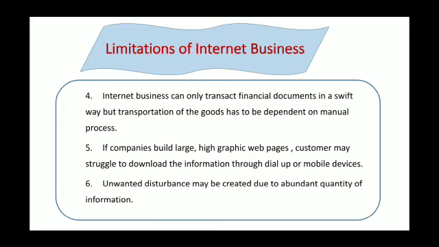If you have only 2G or 3G, 4G also sometimes, if it is a very high graphic web page, it may take more data or it may take time for downloading the website. Unwanted disturbance may be created due to an abundant quantity of information. So much information you will get through the internet, it may disturb the customer.